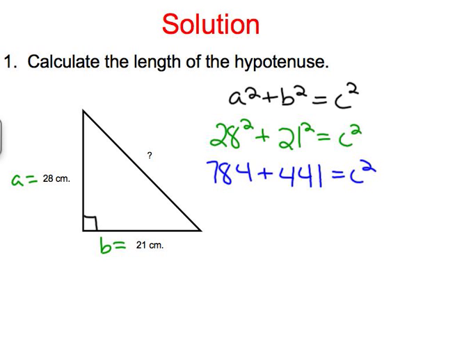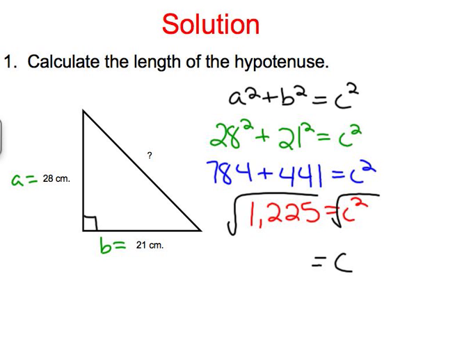When we add those together, we get 1,225. And then remember, the last step is to take the square root of each side, and our c value is 35. Or our hypotenuse is 35 centimeters long. Let's move on.